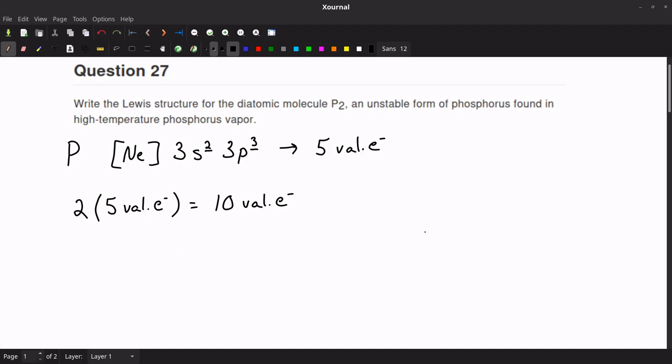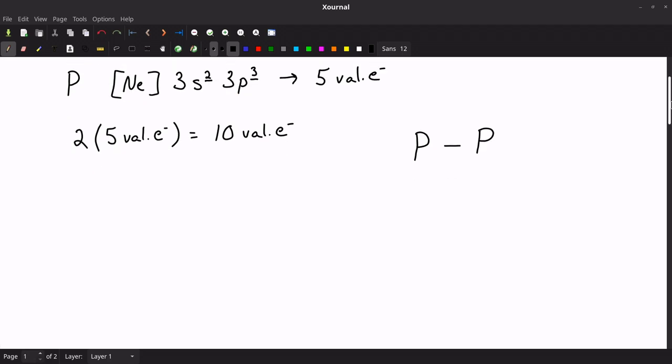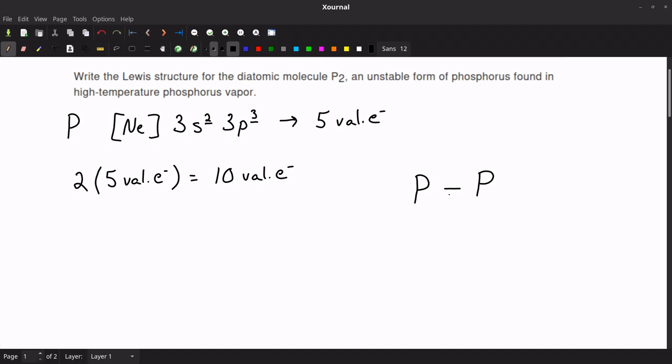Now that we know that, the first step is going to be to write the skeletal structure. We only have 2 atoms. They're both phosphorus. They must be attached to each other. So the simplest form I could imagine is one phosphorus atom attached to the other phosphorus atom. In doing that, I created a bond.